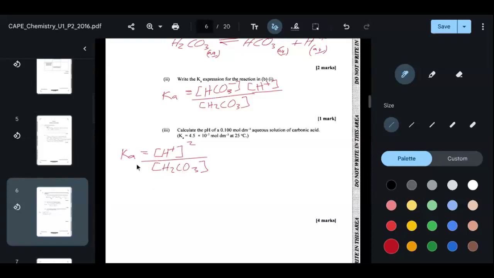H plus squared is equal to Ka times the concentration of the carbonic acid. To get rid of the square, what do we have to do? Square root it. That is correct.